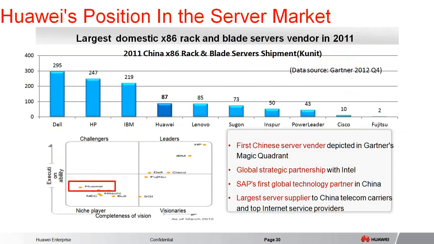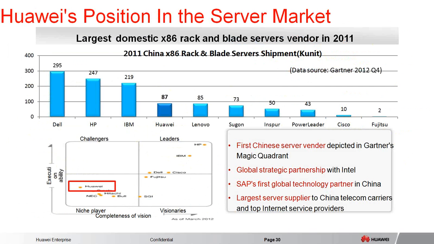So Huawei's position in the server market is very impressive. Many people, of course, as Nick introduced to you on an earlier slide, know us for our networking and telco business, but Huawei has been very aggressive in implementing great technology in server and storage since 2000, as that chart indicated.